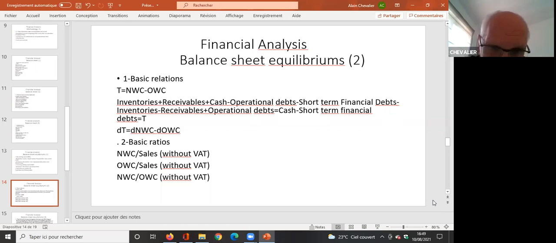Minus multiplied by minus is equal to plus operational debt. And when you find cash minus short-term financial debts, which is equal to T. So the treasury position of the firm is equal to net working capital minus the operating working capital.